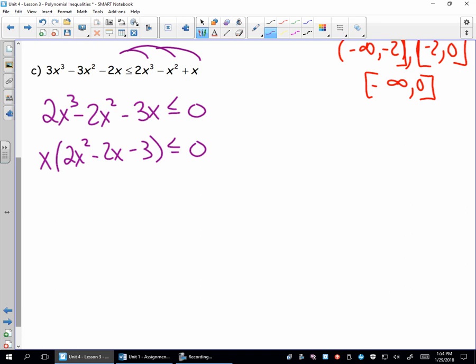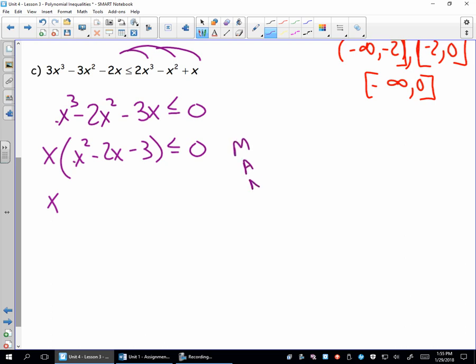No, that's not 2x cubed, is it? It's just an x cubed. Sorry, guys. x cubed. Take it out. There we go. Okay. Let's factor this thing. This looks like a trinomial.